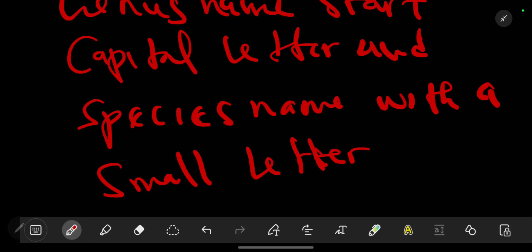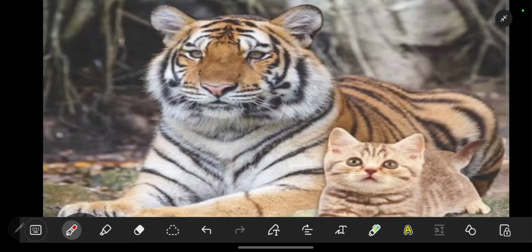For example, if you are looking at a tiger, just forget about the cats, the tiger has got the name of Panthera tigris.